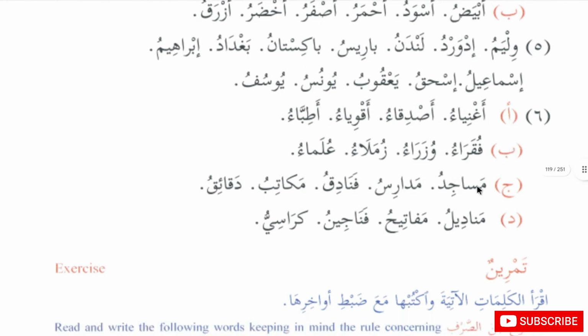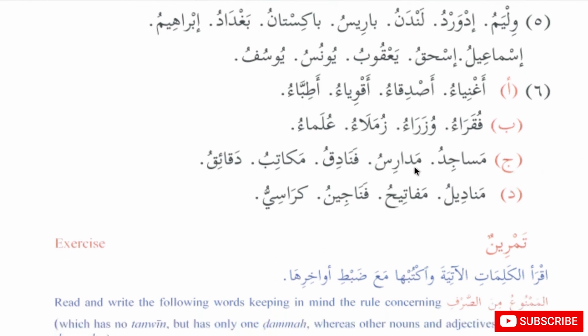Okay, now all the plurals that fall under any plural that follows this pattern, so aghniya', asdiqa', aqriba', or atibba', so basically af'ila'u, they will also be mamnun min as-sarf. Also, one other example here is anbiya'u, that also is mamnun min as-sarf under this category. Fuqara'u, so the vulnerable, ministers, companions, and ulama, also mamnun min as-sarf.